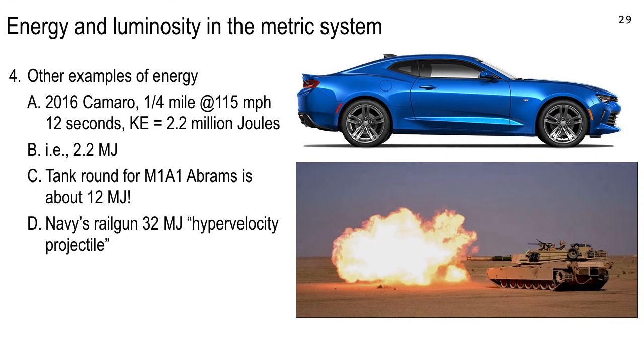The Navy's new railgun, supposedly a hypervelocity projectile, is 32 megajoules. A lot of times the round from a tank is not an explosive round, it's kinetic energy: a big piece of high density metal. Same thing with the railgun.